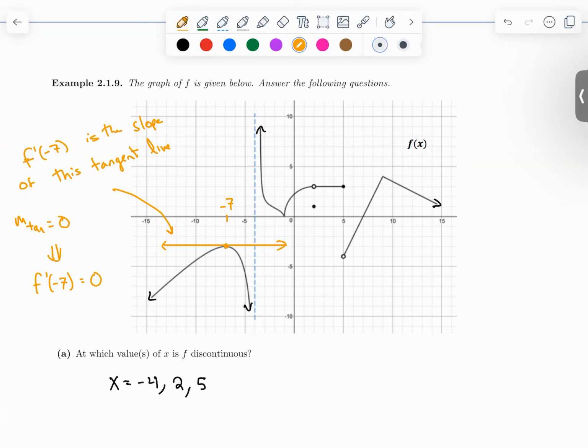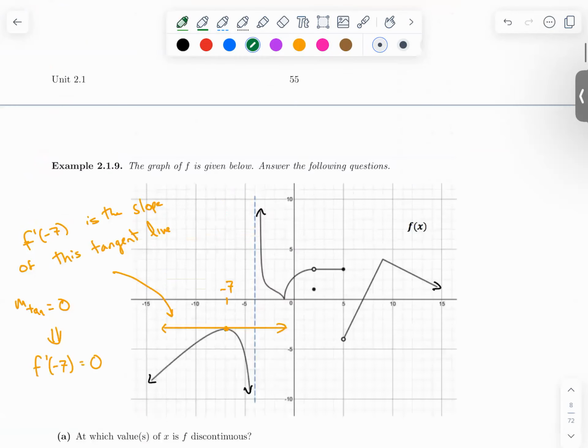So because we drew a tangent line there and it has a slope of 0, that means the derivative is 0 there. Now, similarly, the next one was f of 8. So here is 8. Here's the point on the curve, and then this would be the tangent line. It just so happens that when your function is a line, your tangent line is the same line. And so what we need to look at is rise over run.